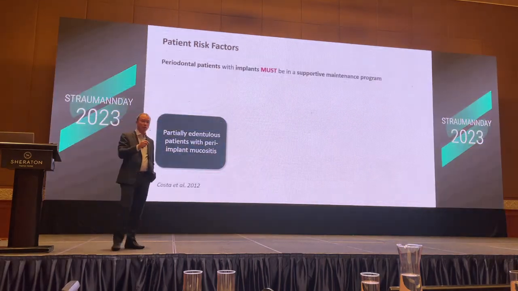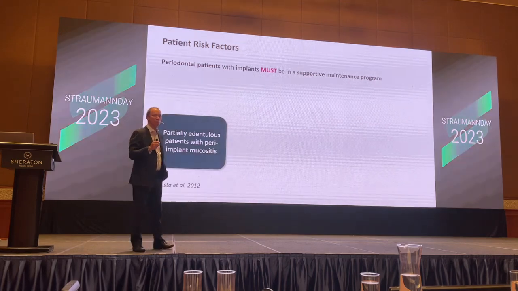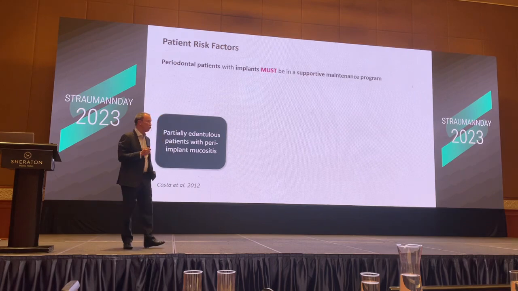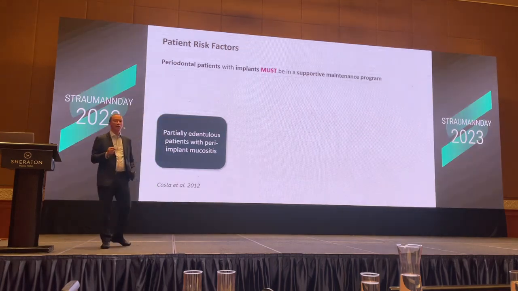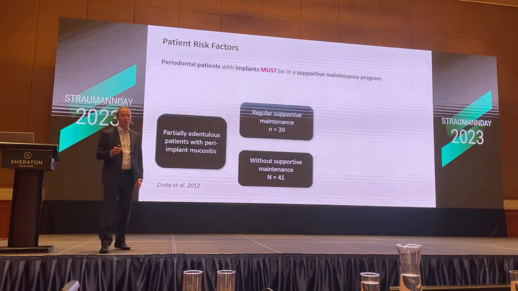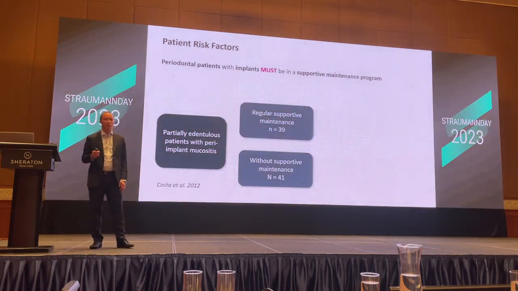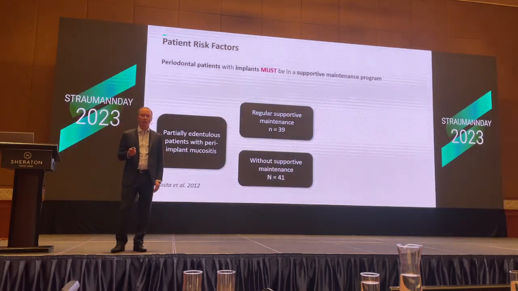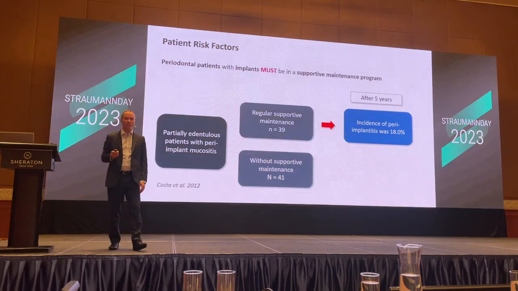And then if there are periodontal patients, they must be in a supportive maintenance program. So here's a study by Costa in 2012. They took partially edentulous patients with periimplant mucositis, right? Regular supportive maintenance was in 39 patients, and those without maintenance had 41 patients. And they looked at them 5 years later.